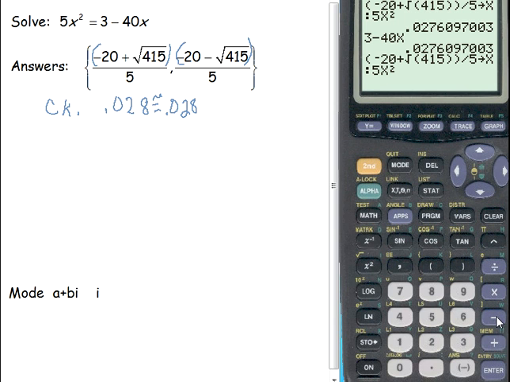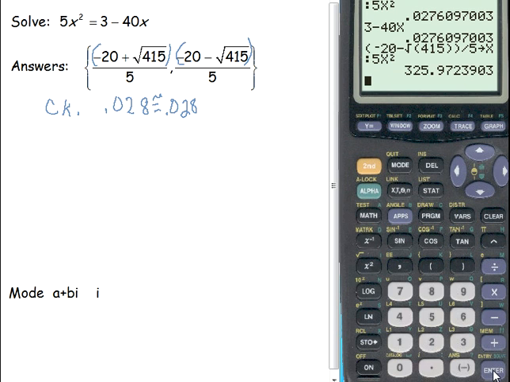And this happens a lot with these problems where you're using the quadratic formula, the only difference between the two solutions often being a plus or minus in front of the square root symbol. So now it's a minus, and I'm going to hit enter, and I get a different value, 325.97, which I'll put down for my left side. And I'm just rounding it off to a few decimal places.